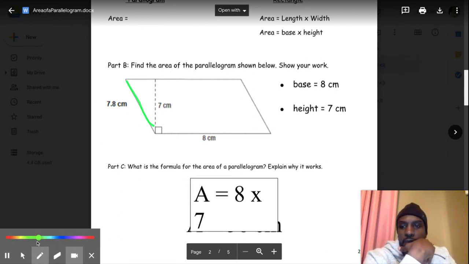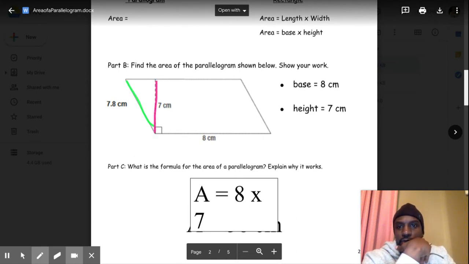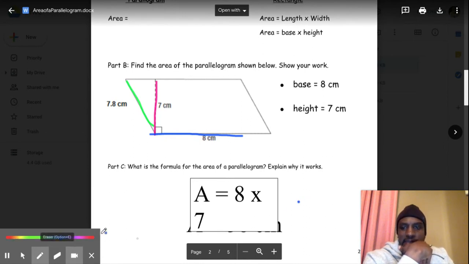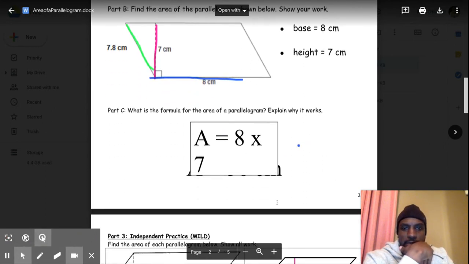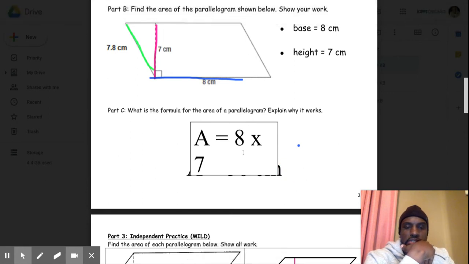What I'm looking for is my height straight up and down, and I'm looking for my base right here. Here's that base. That's the height times the base. So the base is 8 and the height is 7. 8 times 7, something happened here, but this should say 56. 8 times 7 is 56, okay?